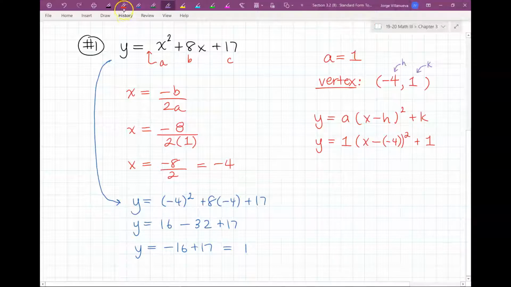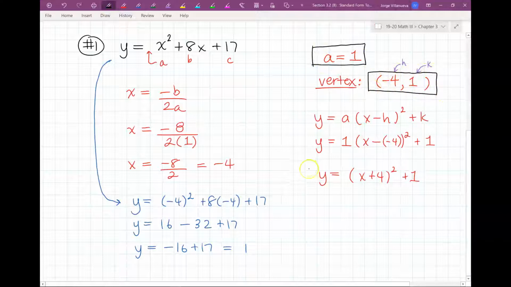So just work it out. y is equal to x plus 4 squared plus 1. So here are my answers, guys. A equals 1. The vertex is -4, 1. And here is my vertex form.